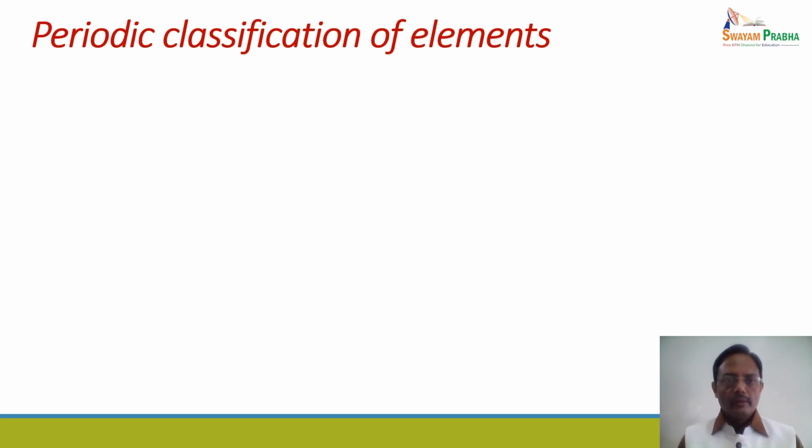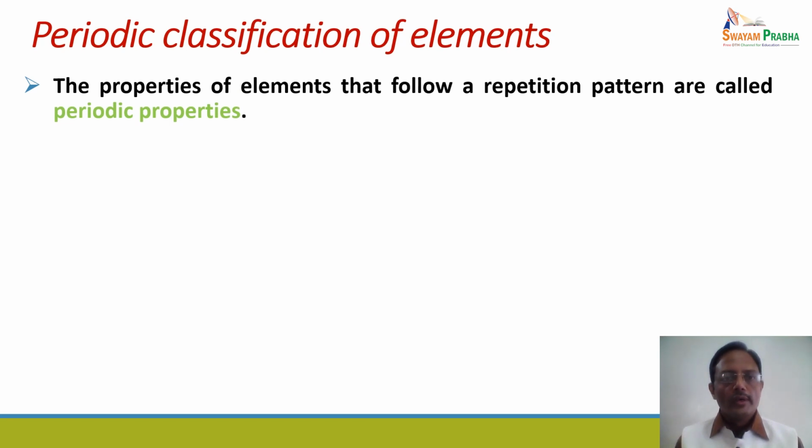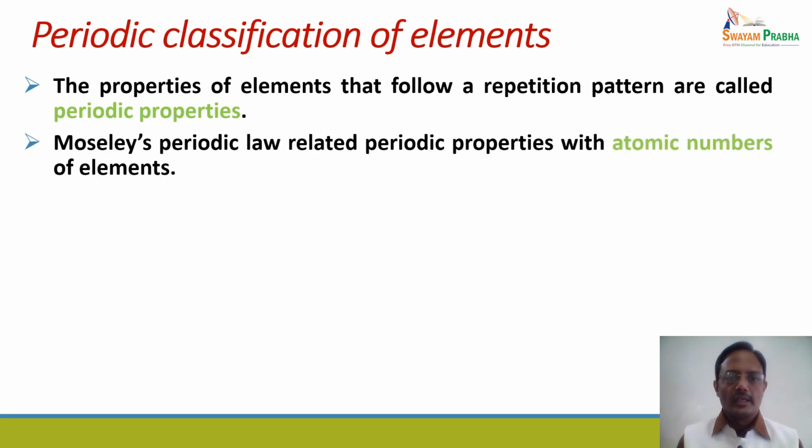In this periodic table, the elements have been classified on the basis of the position of last electron. We know that the properties of the elements that follow a repetition pattern, they are called as the periodic properties.